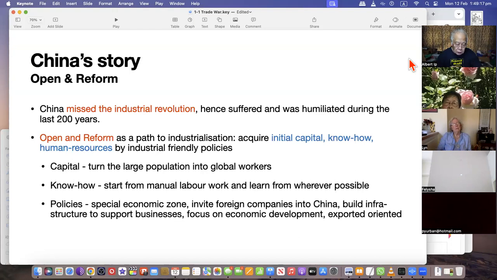To explain why China suffered so much in the last few hundred years, let's say 200 years, it is because China missed the Industrial Revolution. We all know that in 17-something, England first started to use steam power. They used coal to power a steam engine, which powered water pumps in order for them to continue digging into the coal mines.